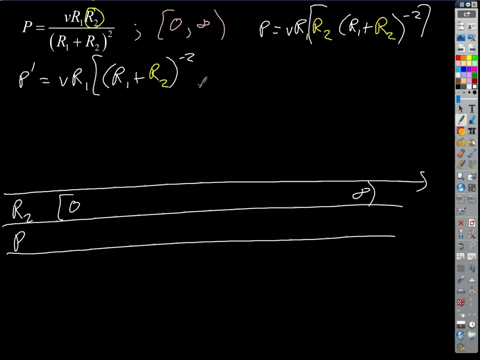Okay. Plus, okay, I'm going to put the R2 there. And then I got the derivative of this one, which is going to be negative 2 times R1 plus R2 to the negative 3, right? Times 1.